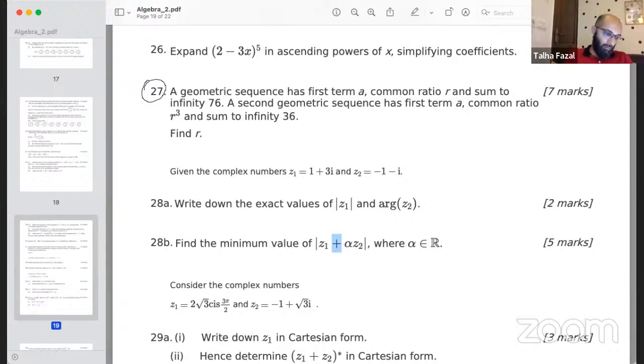So let's try and use the sum to infinity formula, which is u1 over 1 minus r. That is for, let's say, the first sequence.